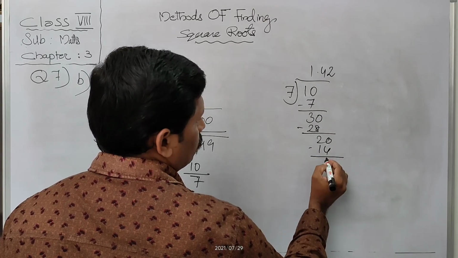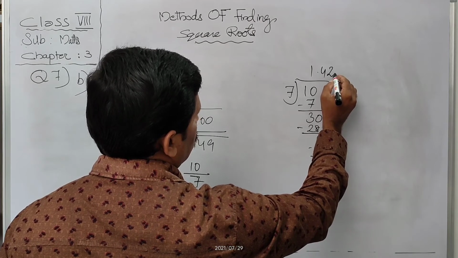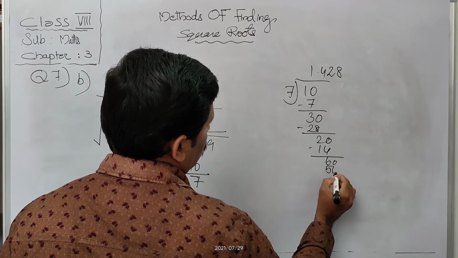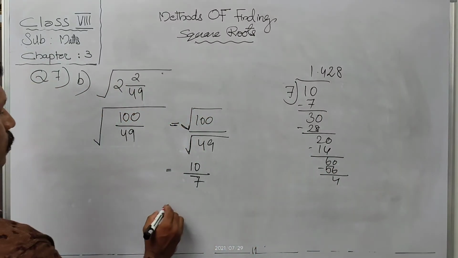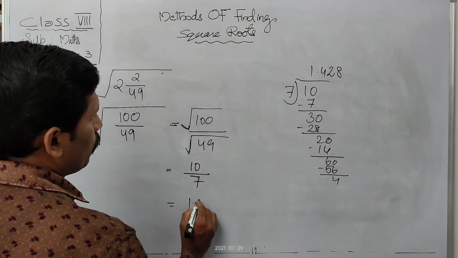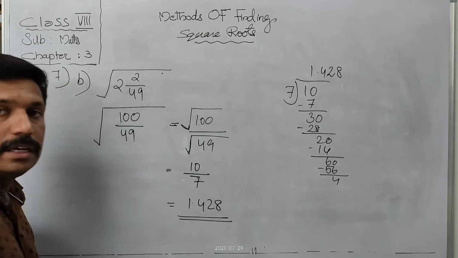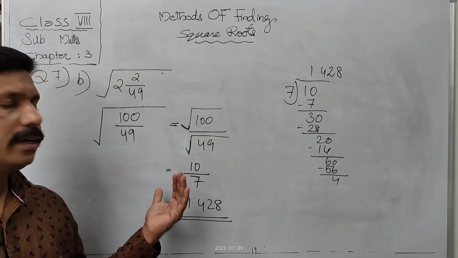Then 6, 60. 7 eights are 56. It will go like that, so we stop from here. The value will be 1.428.